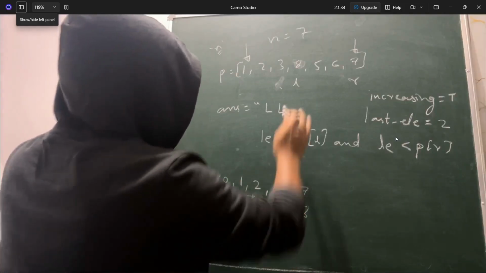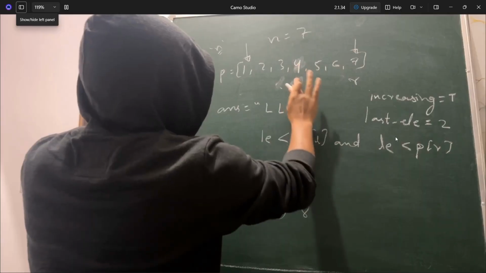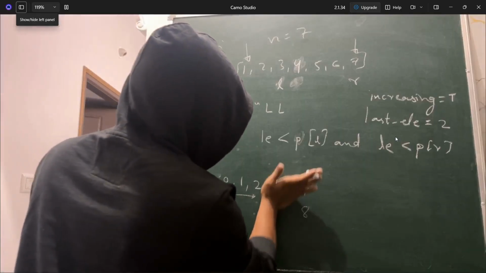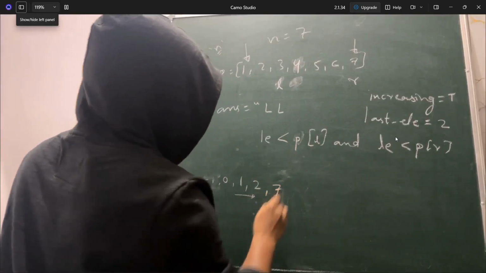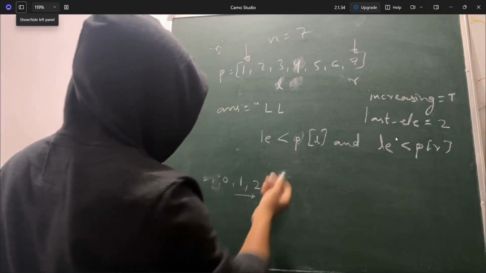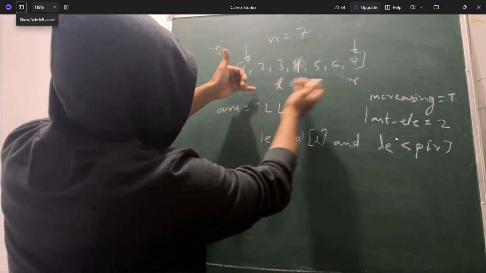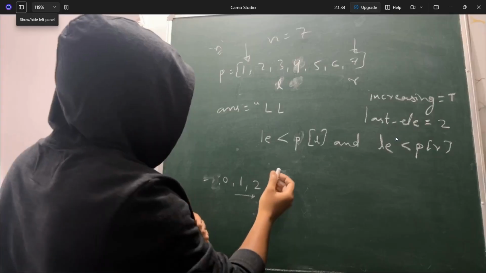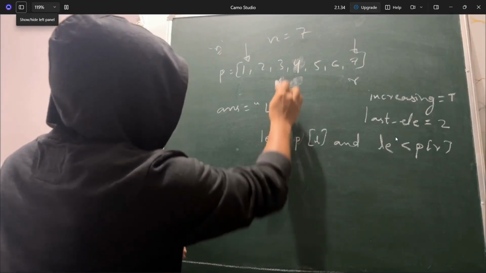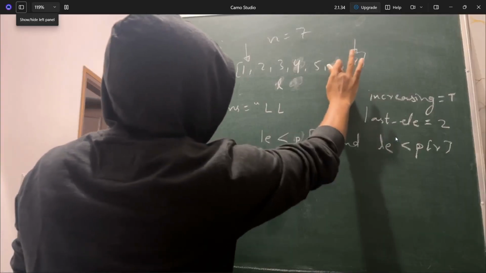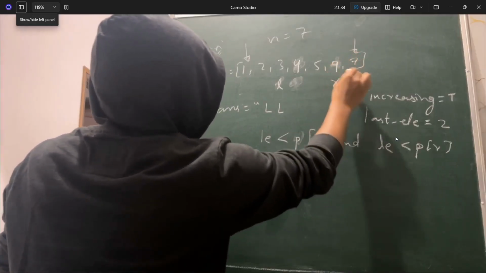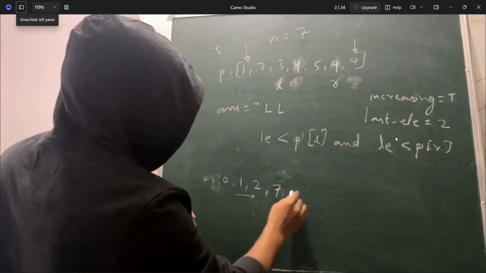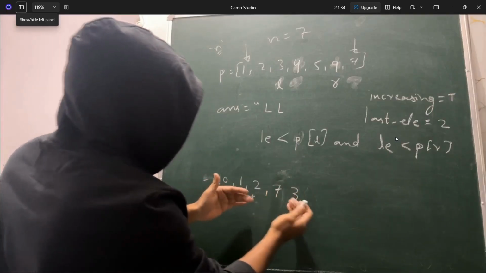Got it, right? So that is the reason we will always be trying to take the highest element. So 7 I'll be taking. If the last element is lesser than the left element and right element, we will be taking the highest element, such that the next element we take, let's say here we have 9 and r is here, since it is increasing, you can choose 3 in such a way that it is decreasing.